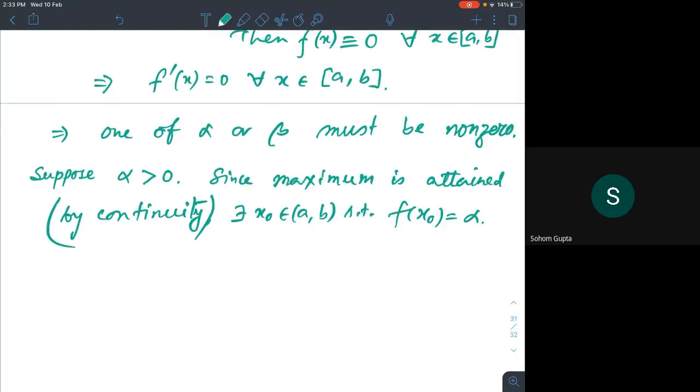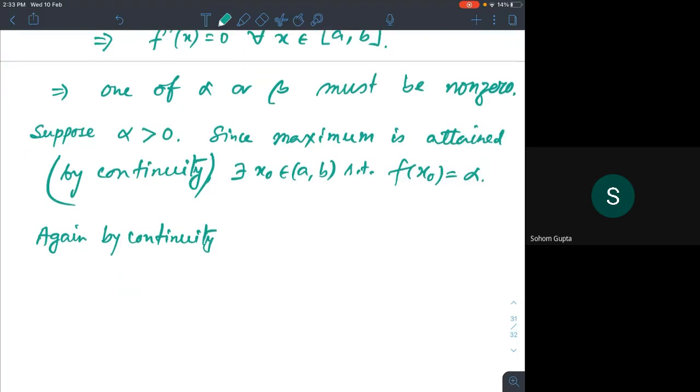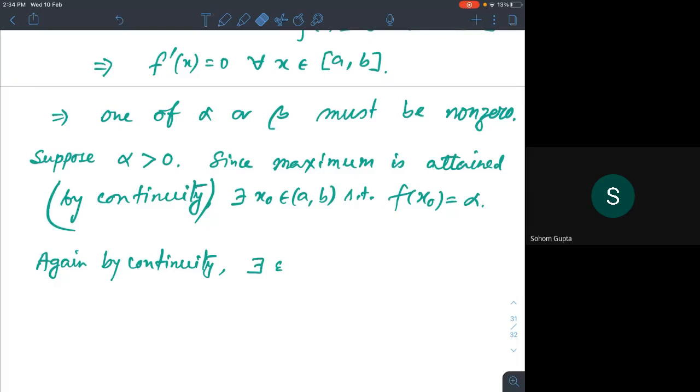Now, since alpha is greater than 0, again by continuity, there exists epsilon greater than 0 such that, or there exists one point y in (a,b) such that f of y is greater than 0, y different from x naught.